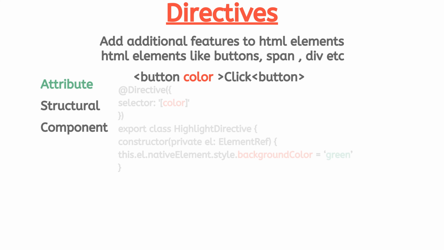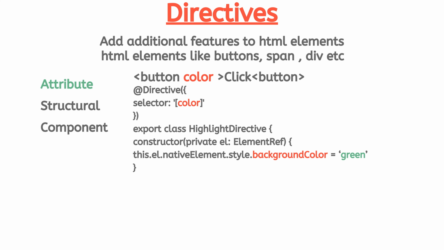Suppose you see this particular button class where you have a button with a color and a click message. The color that you are seeing, that is the directive. To create a directive we have to use the schematic called ng generate directive and the directive name.